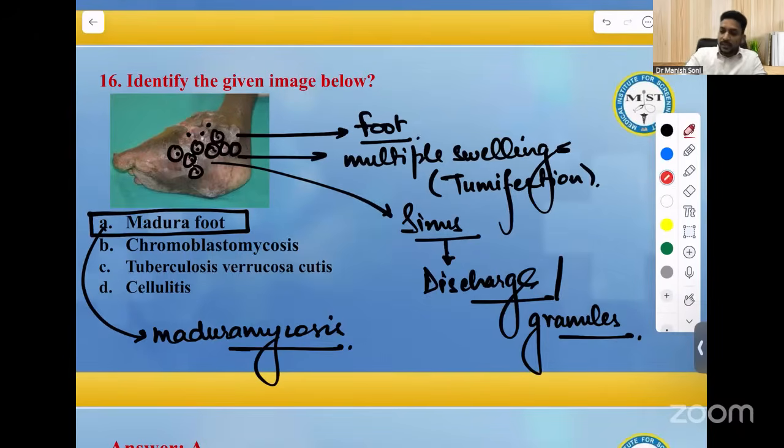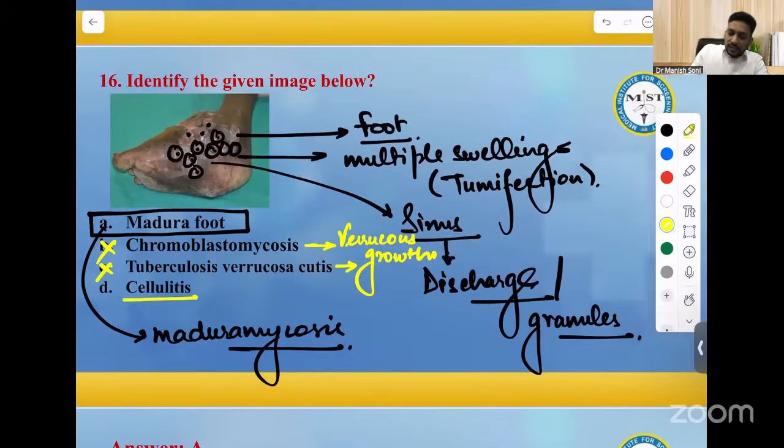Why is the answer not chromoblastomycosis? Because chromoblastomycosis presents with rough, verrucous growths, and so does tuberculosis verrucosa cutis. Both present with very rough growths instead of swellings.